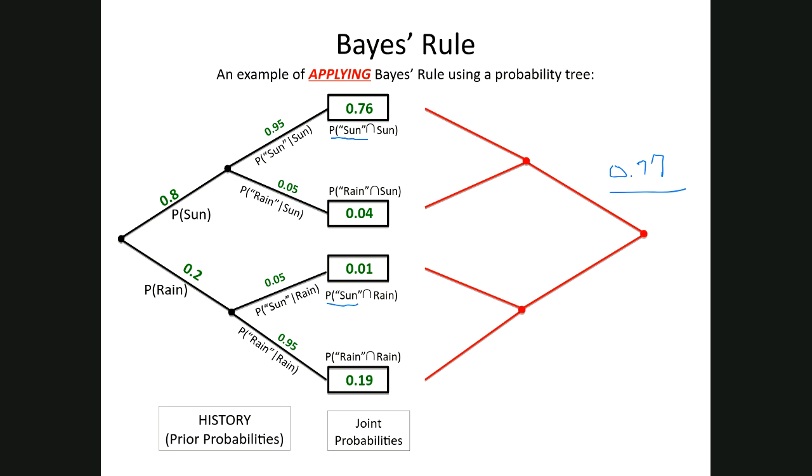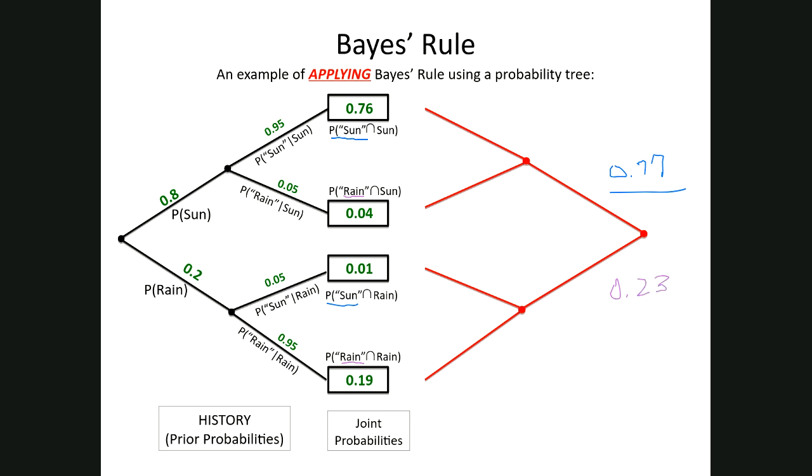And in this case, the forecast was rain. In this case, the forecast was rain. And so 0.04 and 0.19, which is 23% of the time, the forecast was rain.